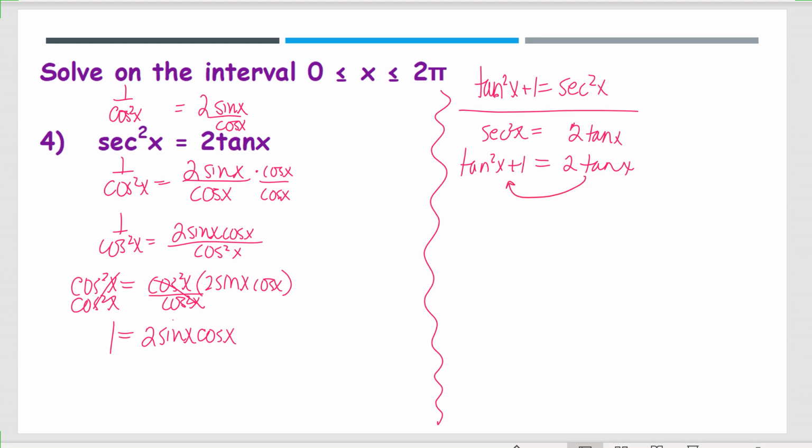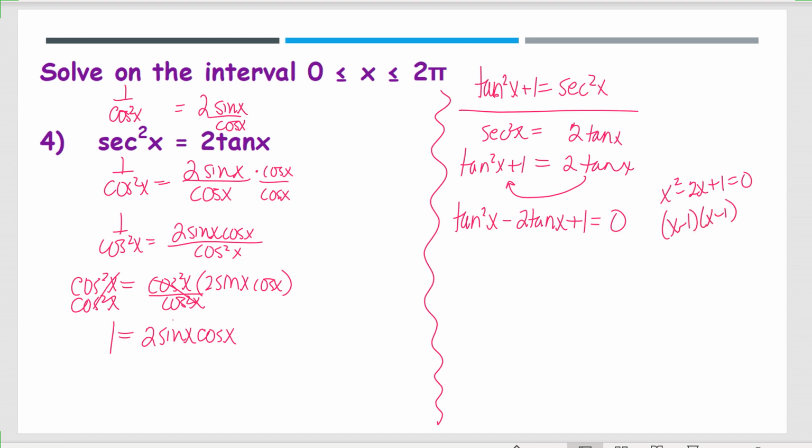We're going to subtract that 2 tangent of x to the other side of the equation and put it in between the terms so that it'll represent what a quadratic would look like. Okay, so if I change tangent just to be x's, that would be an x squared minus a 2x plus 1, and we know how to factor that for sure. What multiplies to 1 and adds to negative 2? That's right, negative 1 and negative 1.